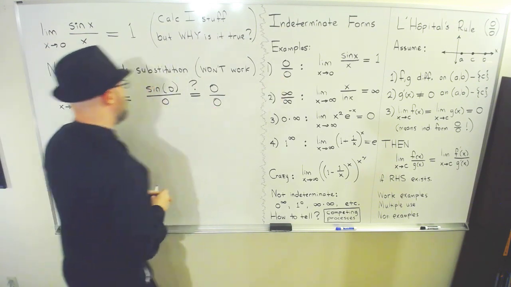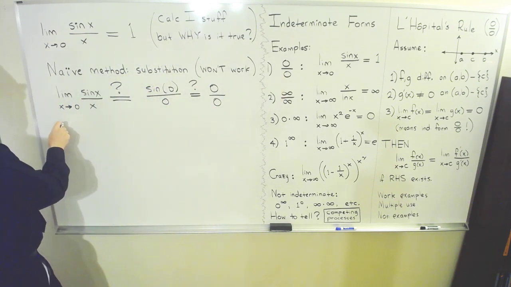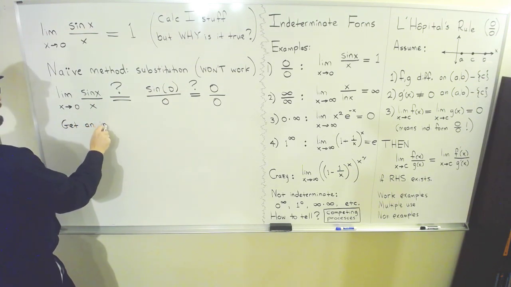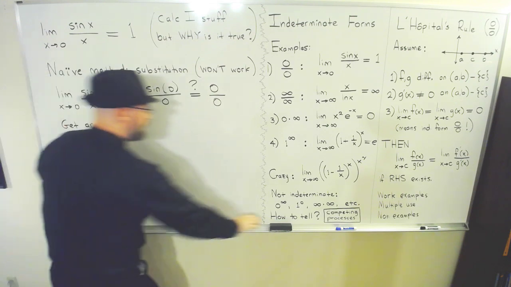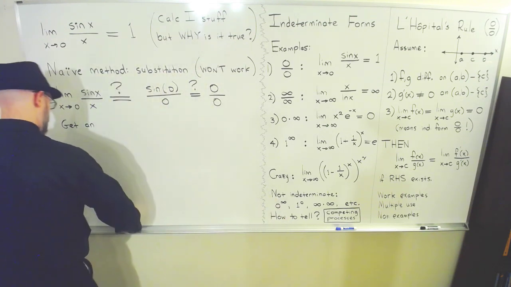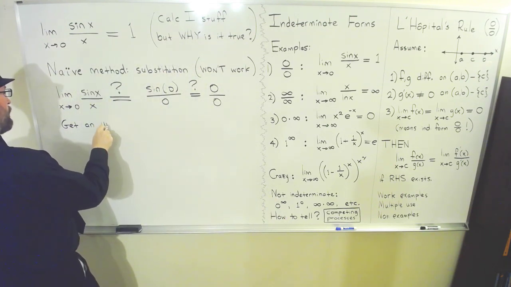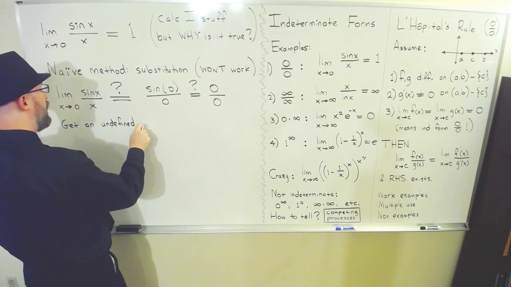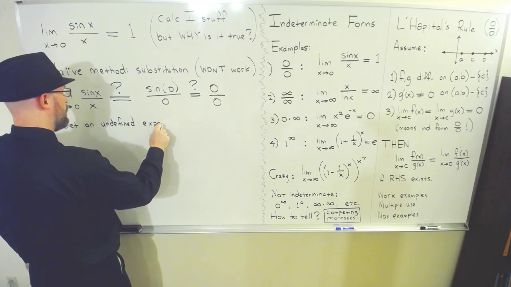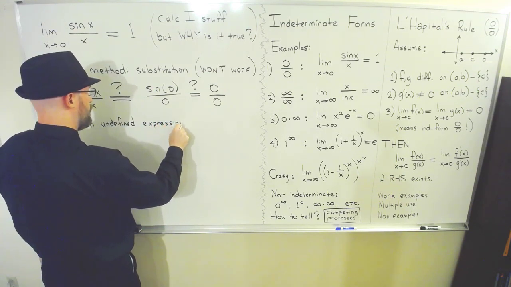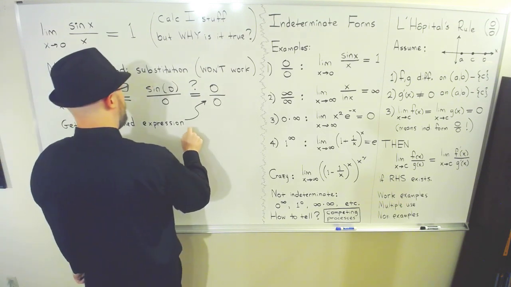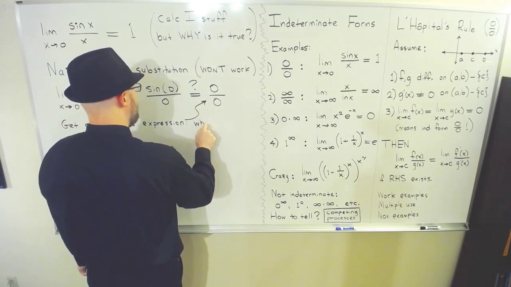So this is where the 0 over 0 comes from. So what I get out of this is an undefined expression. That, of course, is this expression here, 0 over 0. And so what does it mean?